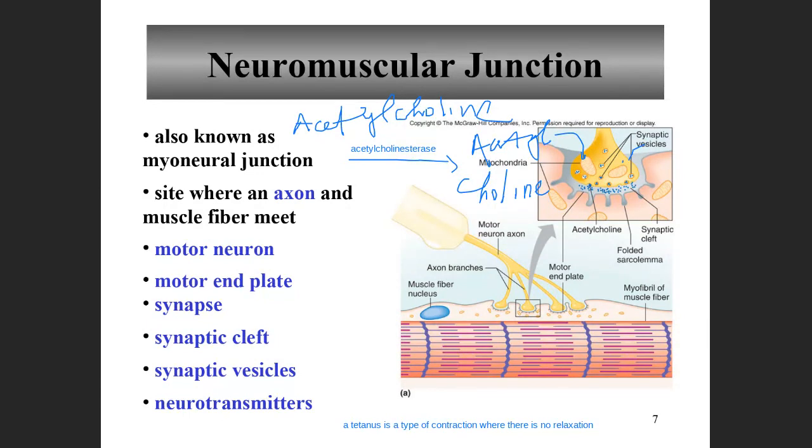Okay, so do you know that acetylcholine is a neurotransmitter needed for the contraction? Does everyone get that? Right. So I'm just going to write ACh, or acetylcholine, is needed for contraction. Right. So contraction. And you need to know that, right?